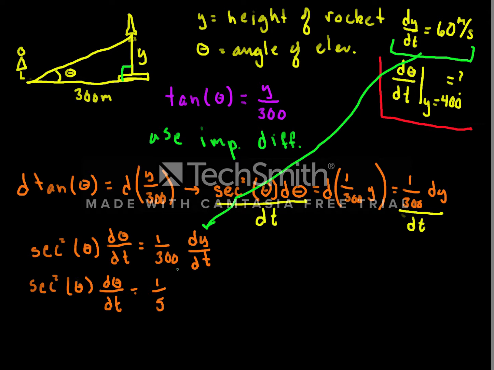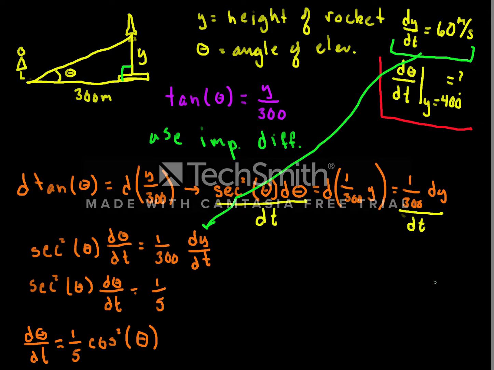Using my trig identities, 1 over secant squared is just cosine squared. So I get that d theta dt is equal to 1/5 cosine squared of theta. So that's my relationship for d theta dt.